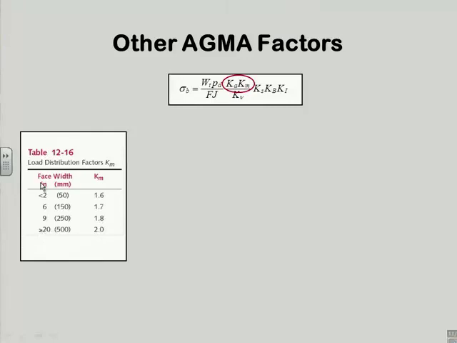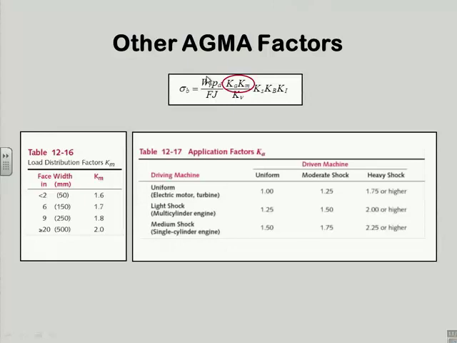So notice that the bigger the face width, the larger this Km becomes, and Km's in the numerator, so that's going to also drive the stress up. So in essence, you're factoring away some of the advantage of the wide tooth based on the premise that it's so wide that my alignment will be such that I won't really take advantage of all that wideness, and it won't really be touching over the whole width.